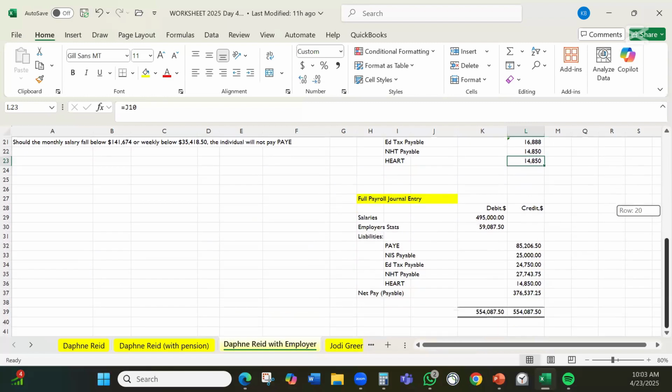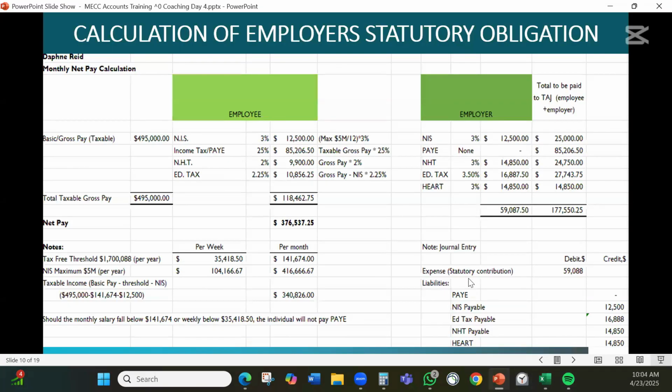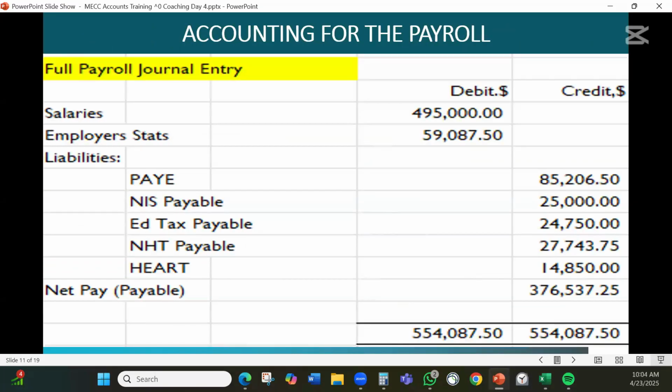And then down here now just shows how the full thing would be recorded in your books, right? Let me go to this slide so you can see better. This is the full journal for the accounting. So you record the full $495,000 that the person earned as salaries, not the amount that you pay them, but the entire amount that they are entitled to, that you're contractually obligated to pay the person.